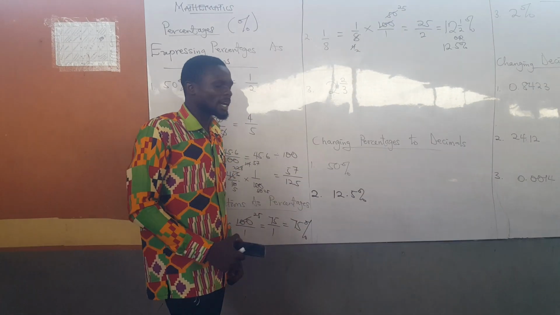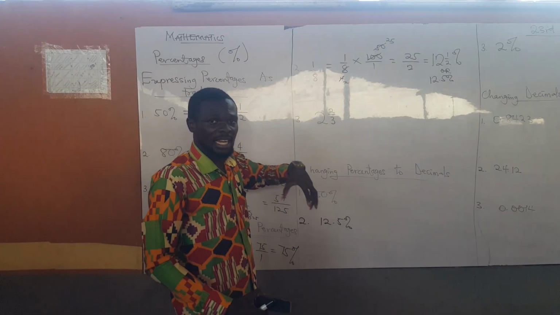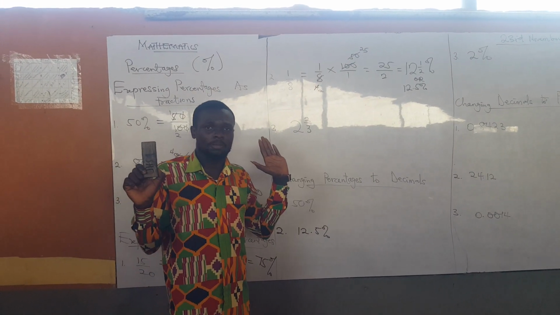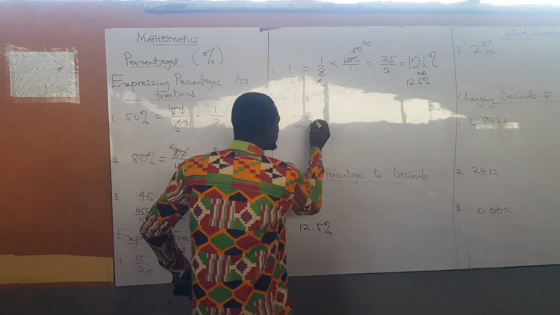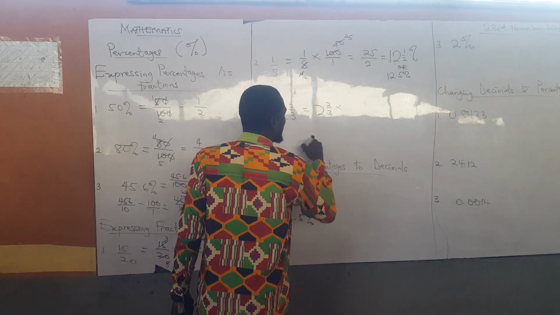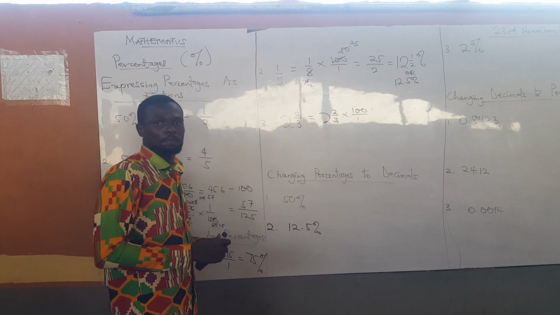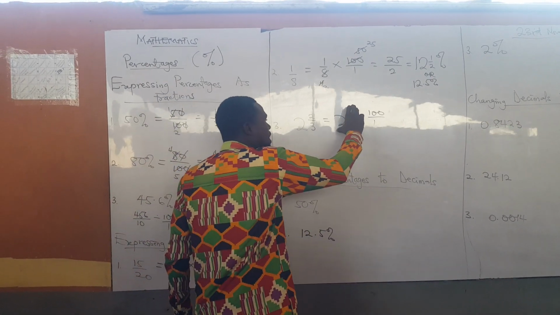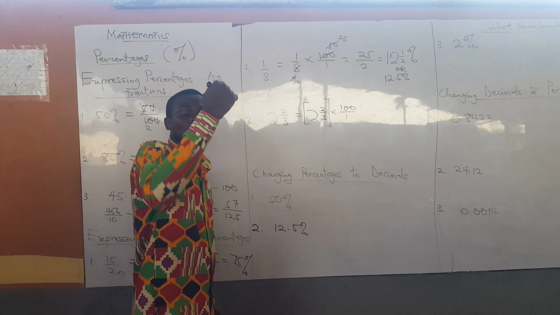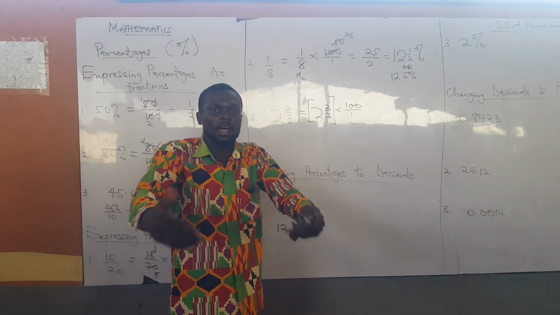When you look at the third one, this is a mixed fraction. You have to express this mixed fraction as a percentage. Also, the same thing, just multiply it by 100. So if I'm going to have 2 whole number, 2 over 3 in percentage, I have to multiply it by 100, which is over 1. Now here, because the fraction is a mixed fraction, I have to change the mixed fraction into an improper fraction.